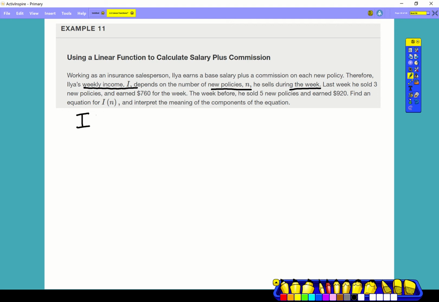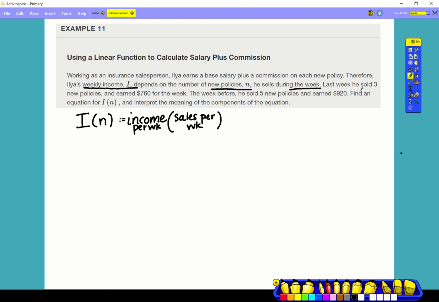So we know it's going to be I of N, where the income per week is going to depend on sales per week. That's what that means. So now we're going to move on.